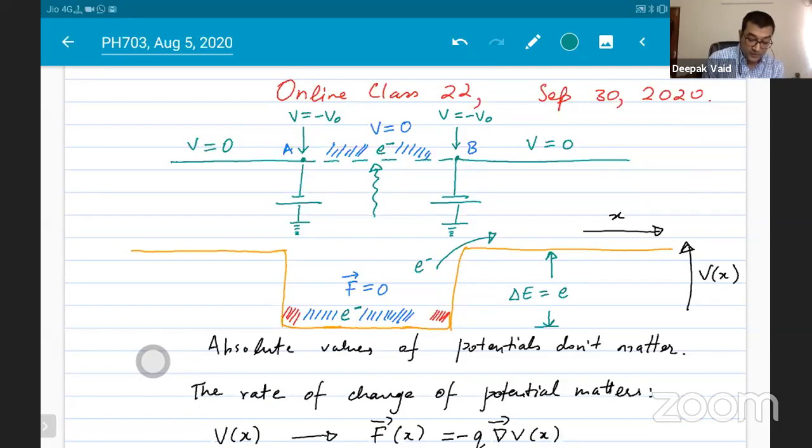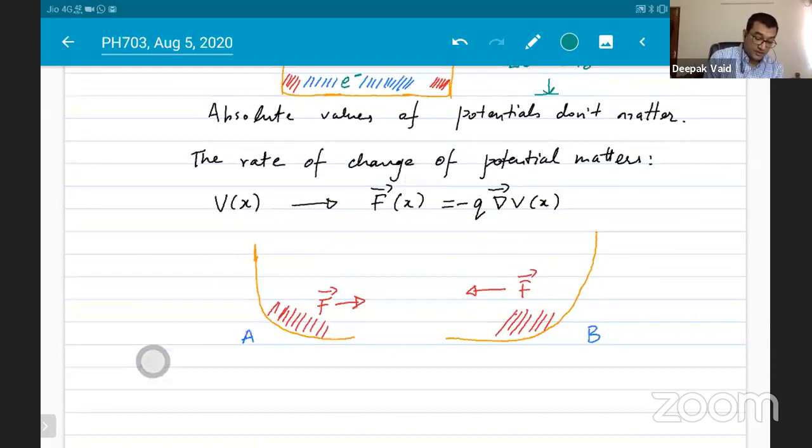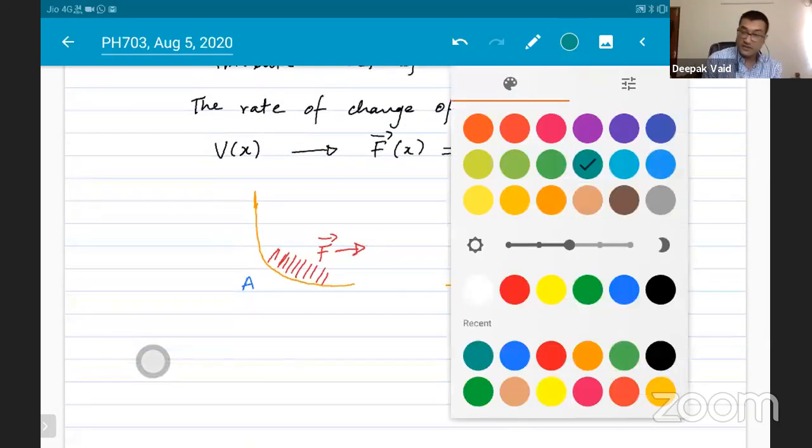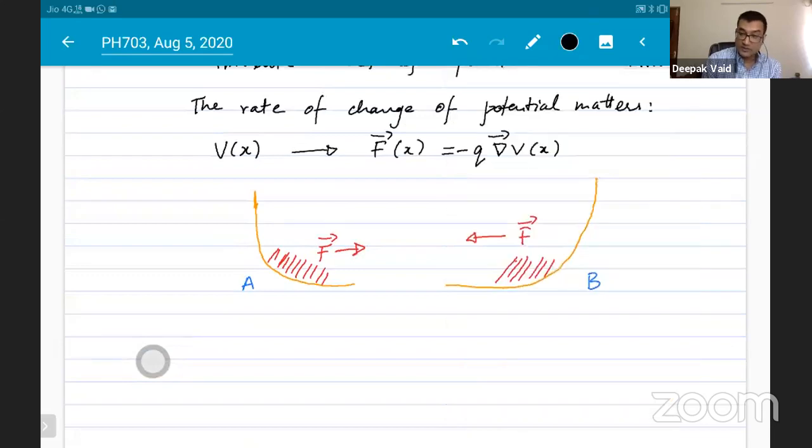And the height of this potential is determined by this value V naught, right? Is it clear? I hope this picture is clear. If there are any questions, please ask me.